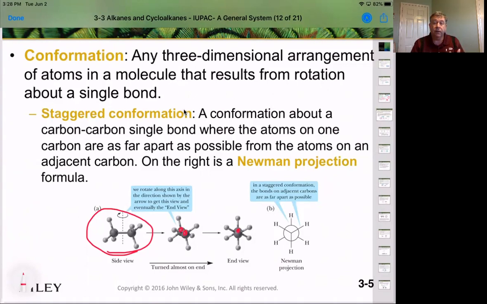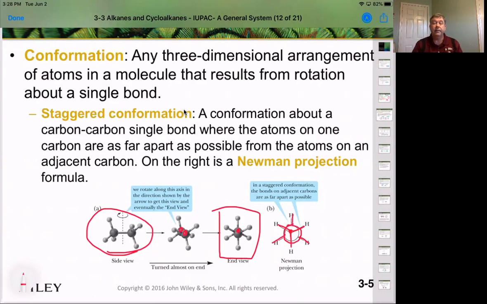There are several different configurations we can have such that we can see where those hydrogens are. And one of the ways we look at this is what we call a Newman projection. In a Newman projection, what we do is we take the carbon that's in front and we draw our nice propeller here. And then the carbon in the back, we get a circle and we draw the propeller here.